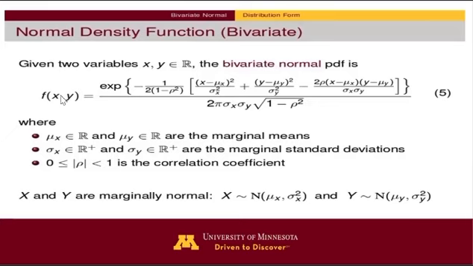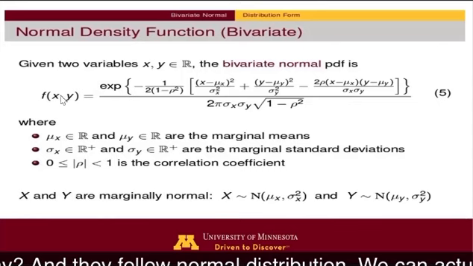X may represent the proportion of votes received by a particular political party in 2020, and Y is the proportion of votes received by that same party in 2024. If they are related, and they follow a normal distribution, we can use that to answer any inference problem.